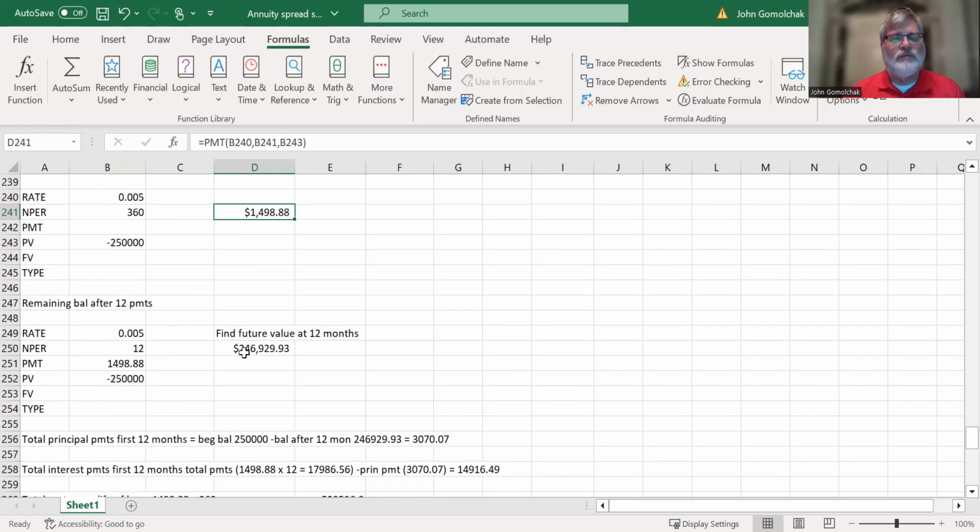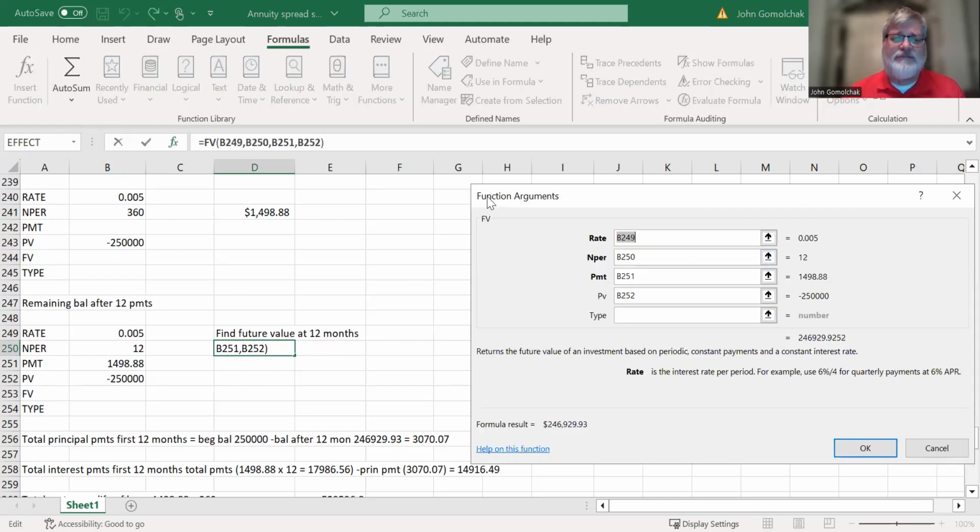So now what we need to do is find the future value after 12 months. That's just doing a future value calculation. So when we look, I use the FV function. The rate is that 0.5%. The number of periods is 12. The payment is the $1,498.